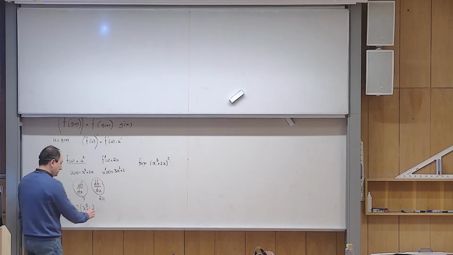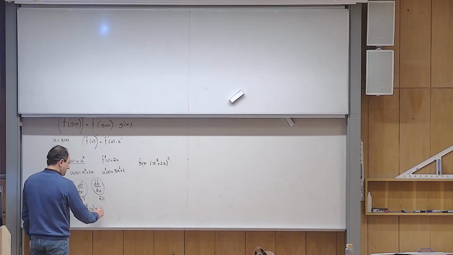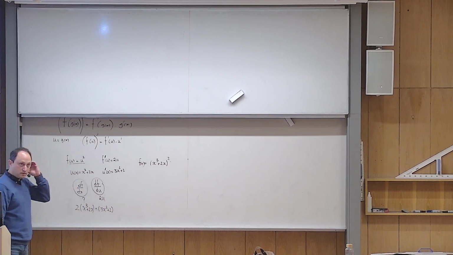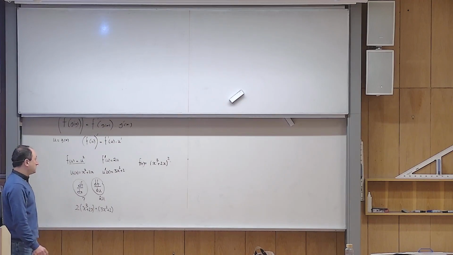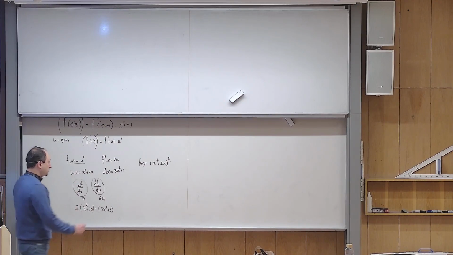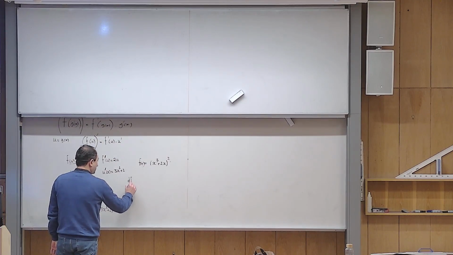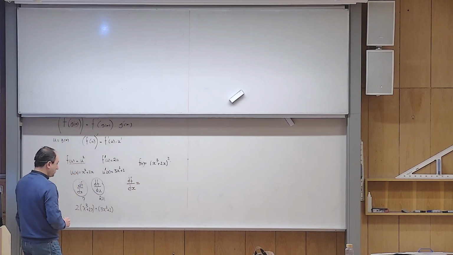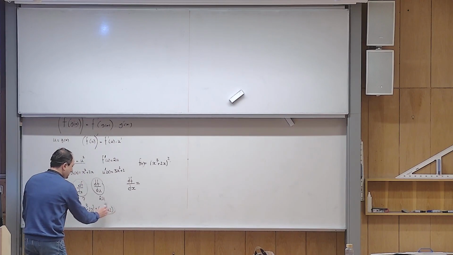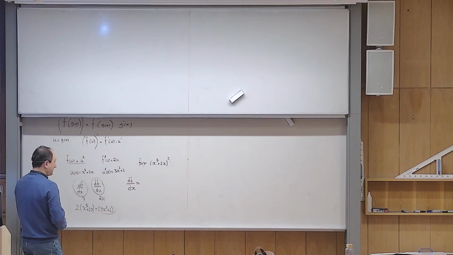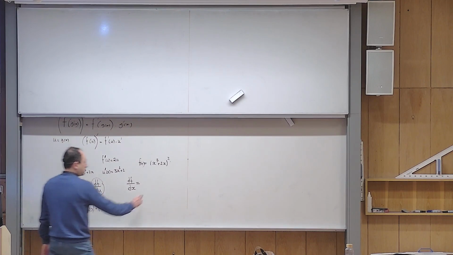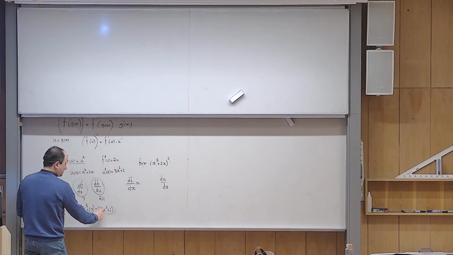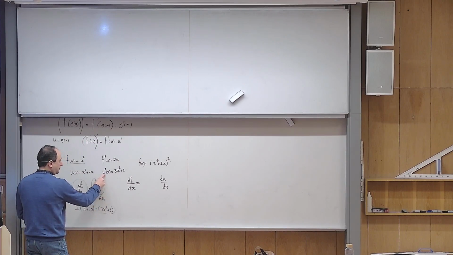Times the derivative of the base, which is 3x squared plus 2. Yes? So this is the way that you do it. One way of doing it. So the derivative of f with respect to x is equal to this quantity, which is what? It is u prime, the derivative of u with respect to x. Do you see? 3x squared plus 2 is exactly u prime.